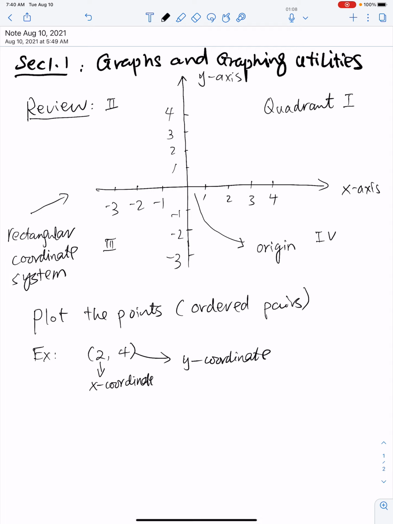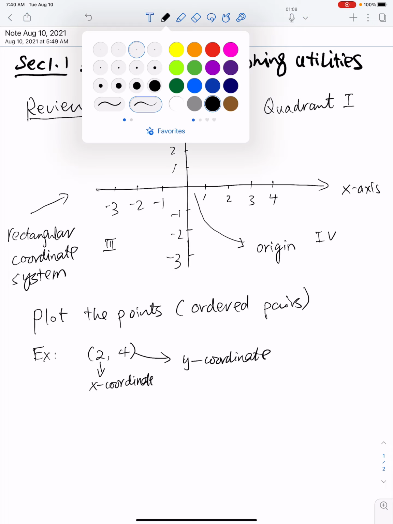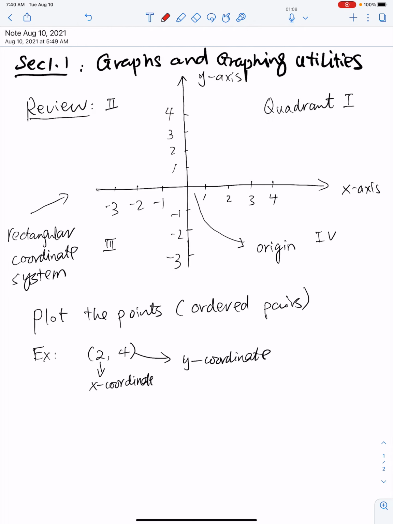So how could we find (2, 4) on the rectangular coordinate system? You find 2 for the x, and then you find 4 for the y. Am I right? No. (2, 4) is one point. Super important.